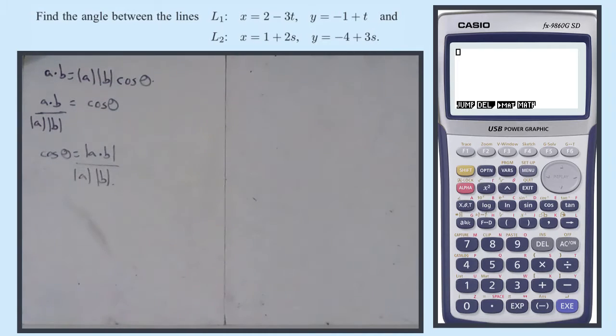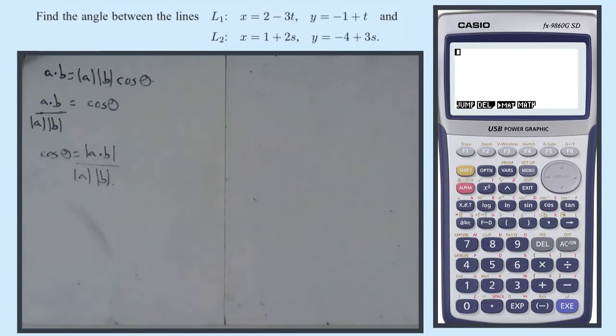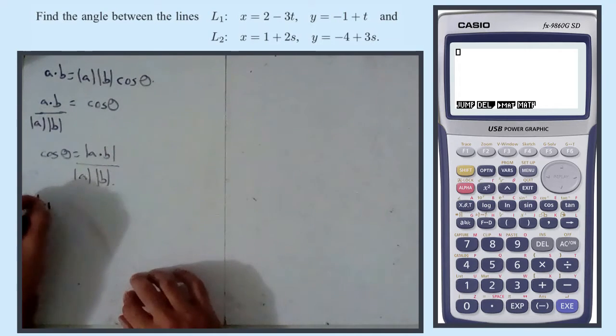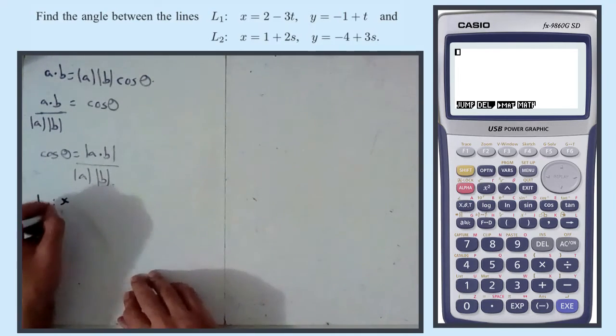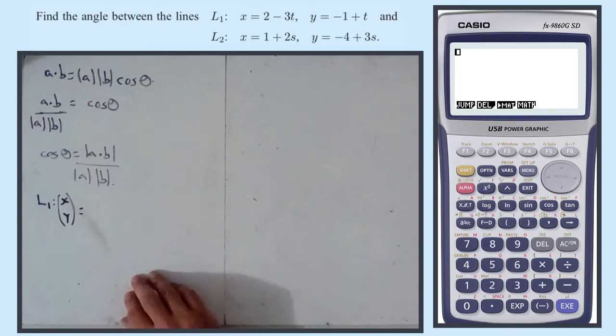Now, when you're finding the angle between two lines, you use the direction vectors as the two vectors. So you just do this, but you use the two direction vectors. I've got the two lines in parametric form, so I'm going to change that to a vector equation, and then we can easily see the direction vector. So L1: xy, it's only in 2 dimensions, equals the position vector to get to the line, that's the bit without the t's.